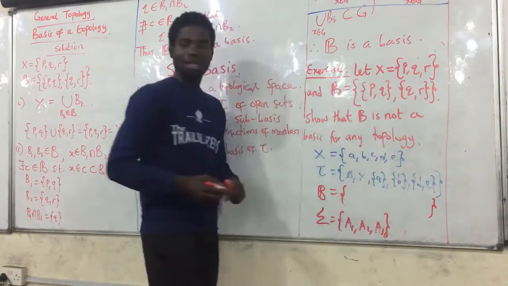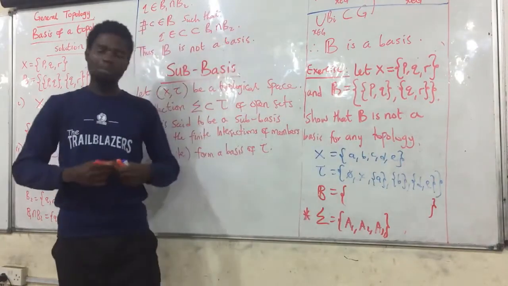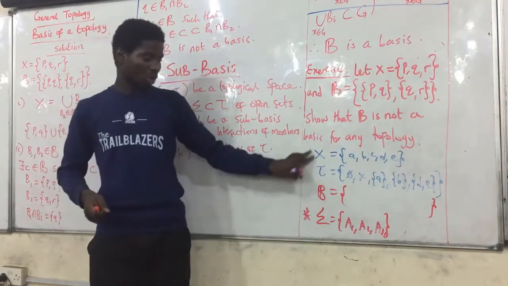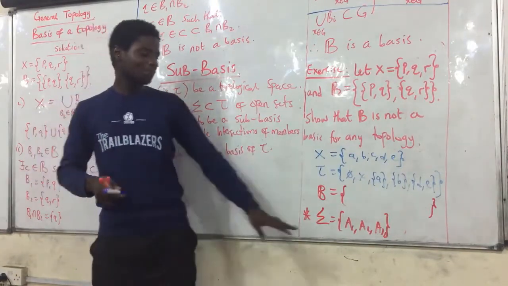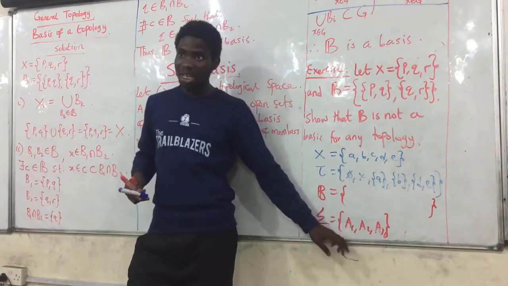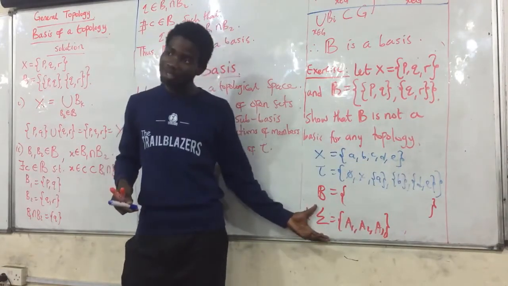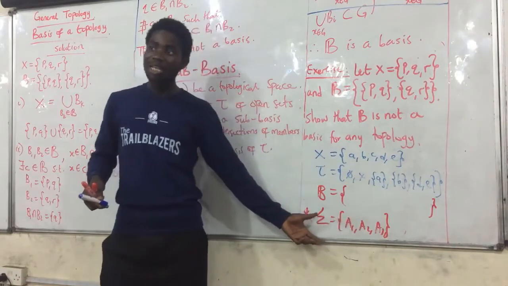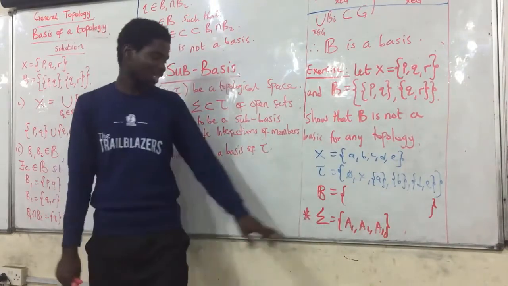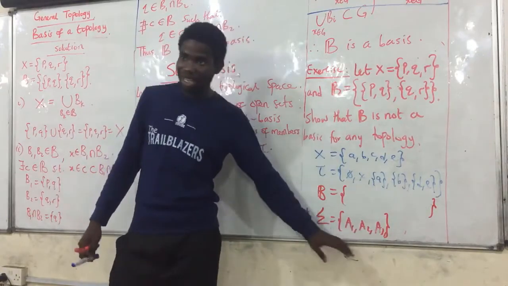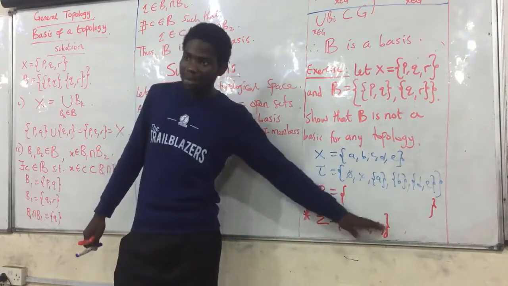This will be called a sub-basis of this topological space if the finite intersection, that is, if you take the intersection of every element you have here, it will form a basis. Do you understand?